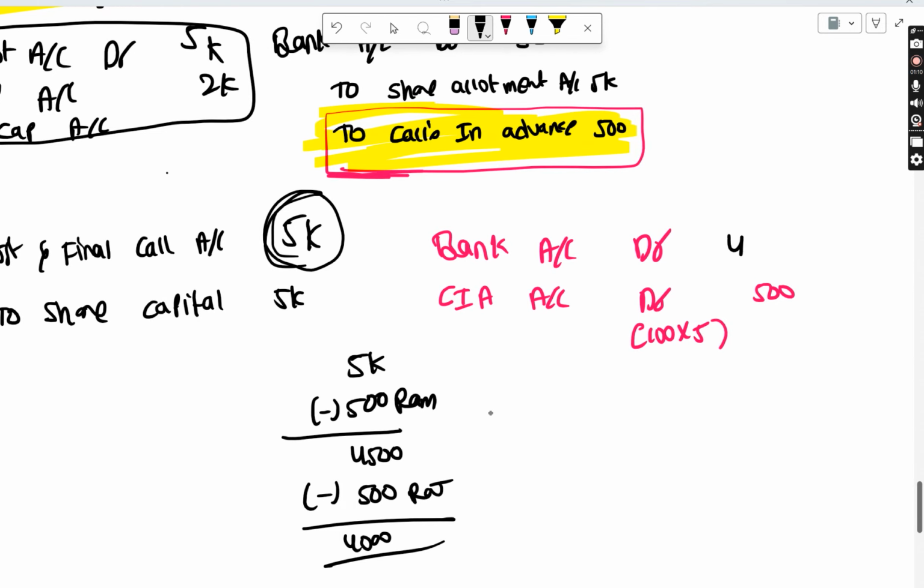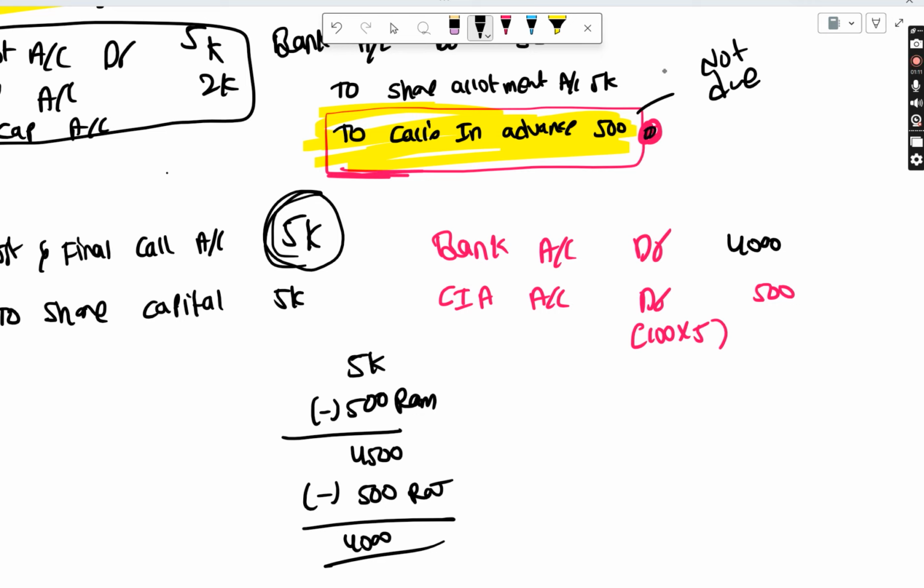So bank account debit 4,000, calls in arrears account debit 500. Previously I credited the calls in advance because it is a liability. Now it is not a liability anymore because I called it. Previously it was not due, but we received in advance. Now it is due, it is not advance anymore.